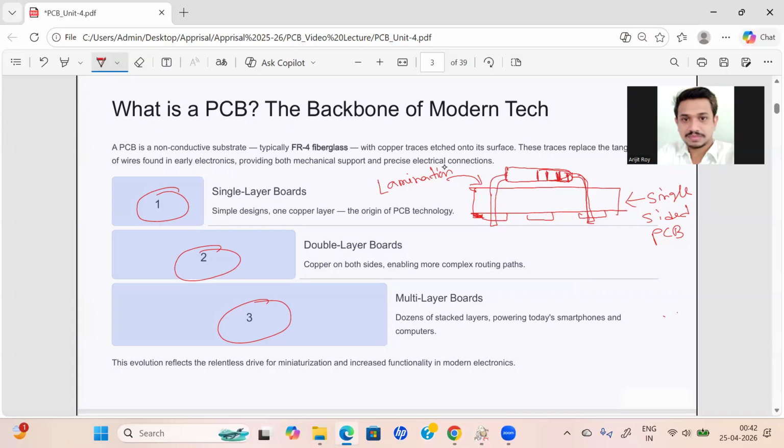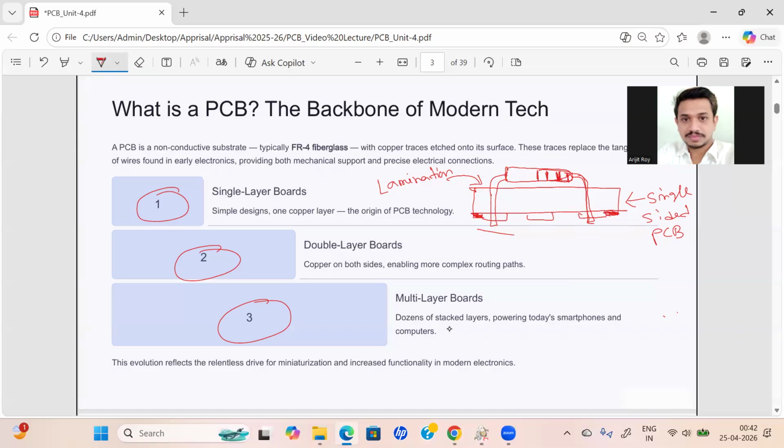The wiring is available on only one side of the insulating substrate. That means the wiring is available only in the backside. You can see here because the copper connection is there.